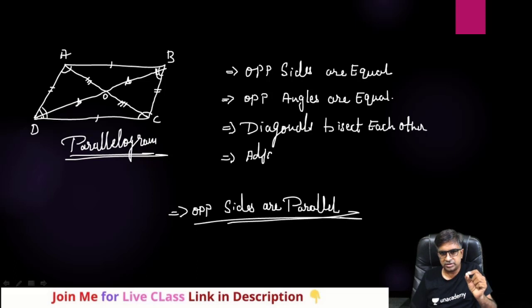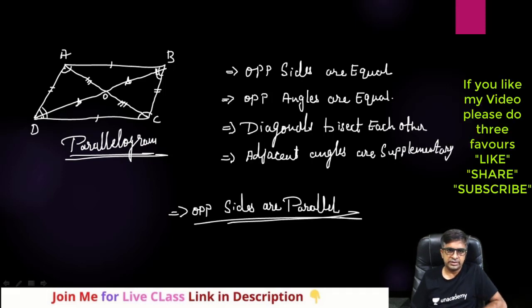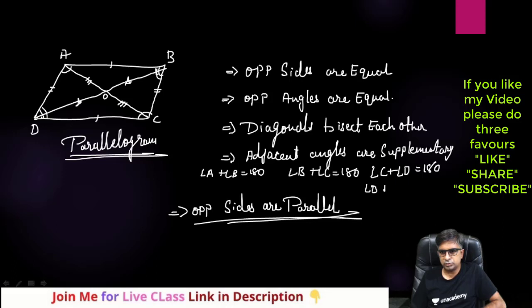Adjacent angles are supplementary, means the nearby angles: angle A plus B will be equal to 180, B plus C also will be equal to 180, C plus D also will be equal to 180, and D plus A also will give you 180.